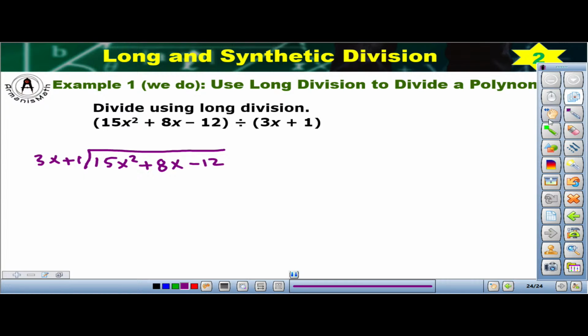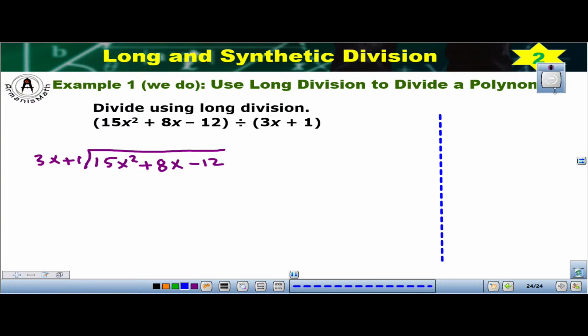I'm going to make myself some room for doodling here. So take the 15x. What do you think I'm going to do first? 15x squared, divide that by the 3x, which is going to give me a 5x.